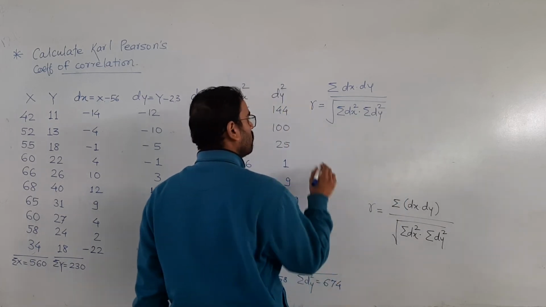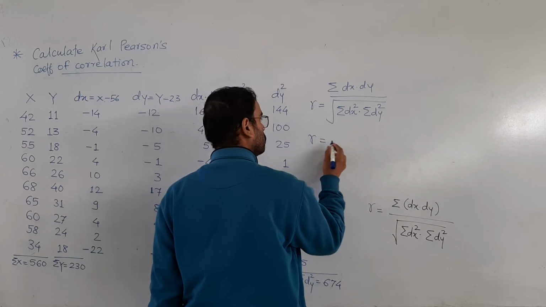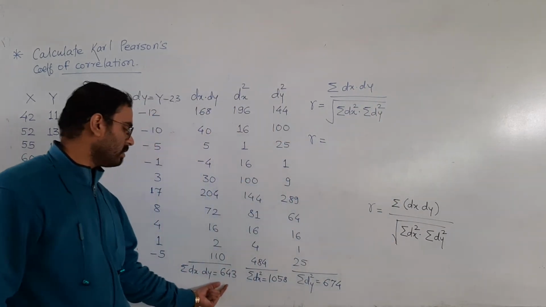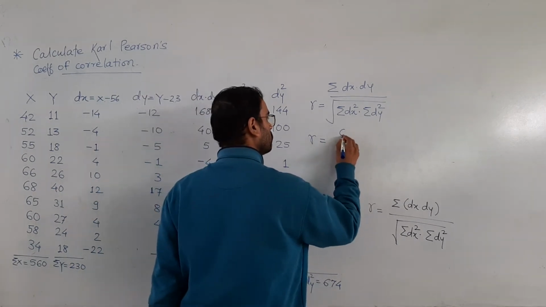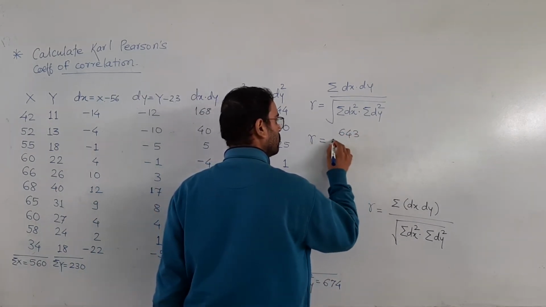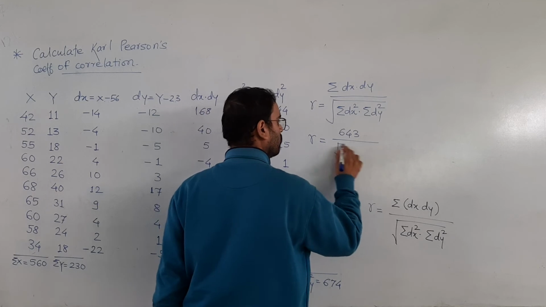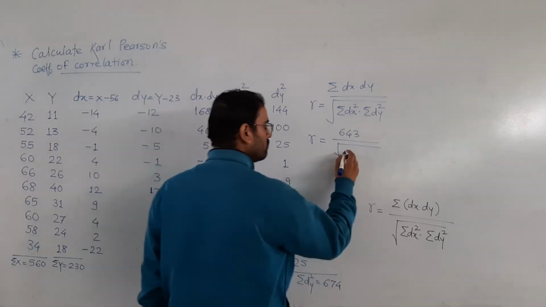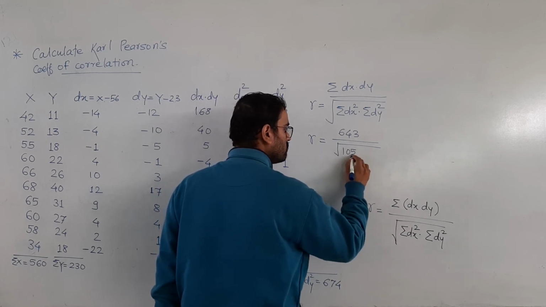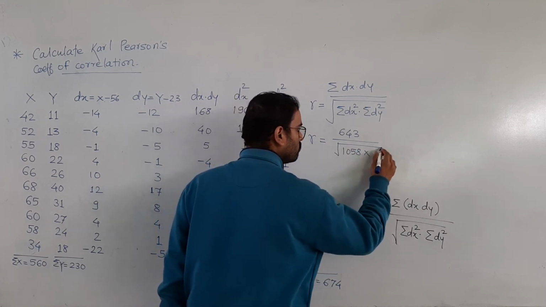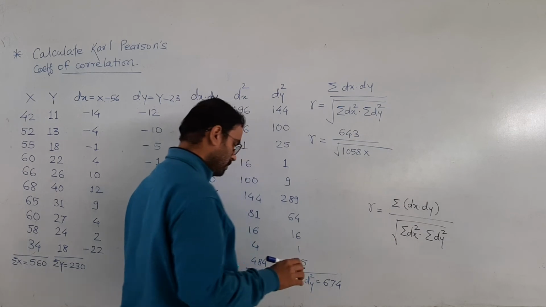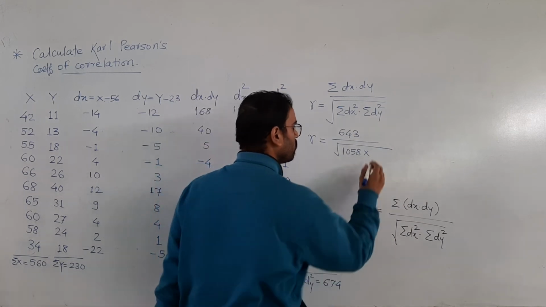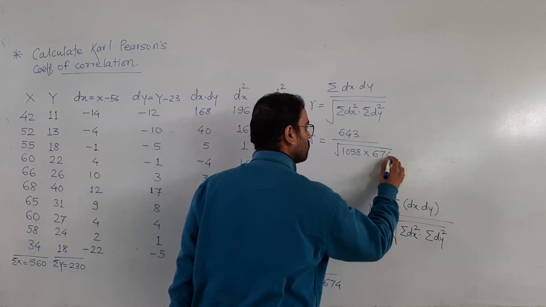Okay. So R is summation dx into dy. Summation dx into dy is 643. 643 divided by under root of summation dx square, which is 1058, into summation dy square, which is 674.